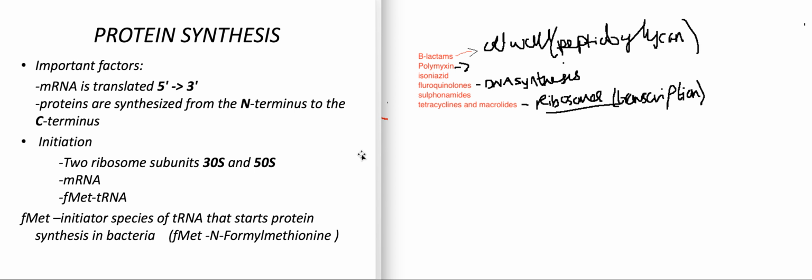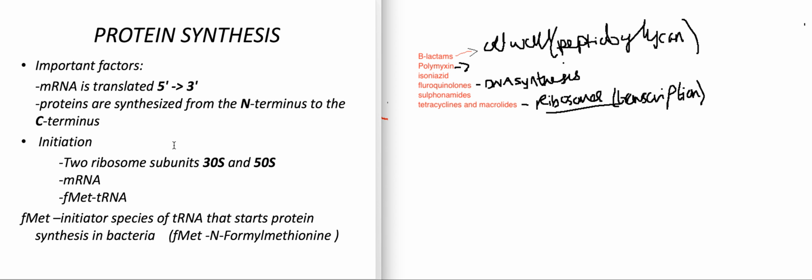The main two ribosomal subunits that we're interested in are 30S and 50S, and you should always know that mRNA is translated from the 5' end to the 3' end. This priming is related to the sugar over the DNA backbone, which I'll go through in various different lectures on DNA synthesis and protein synthesis. The key molecule to be aware of is N-formylmethionine, so fMet.